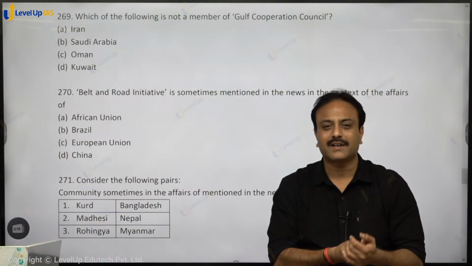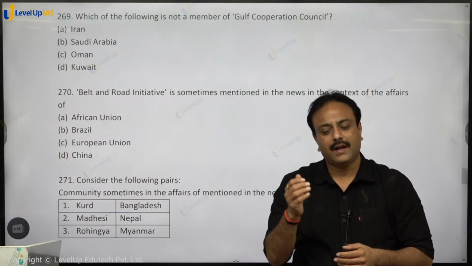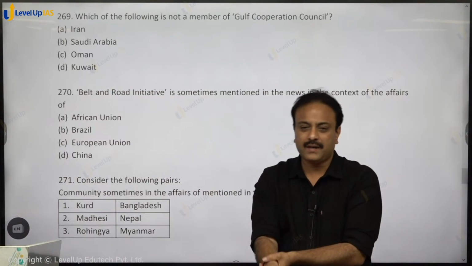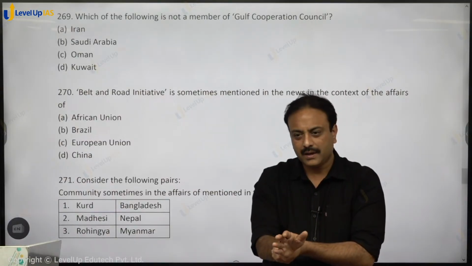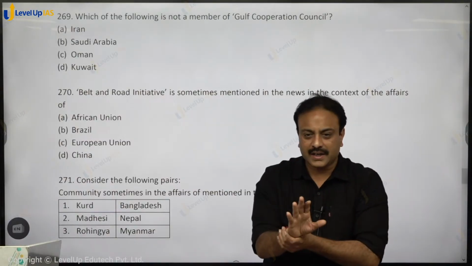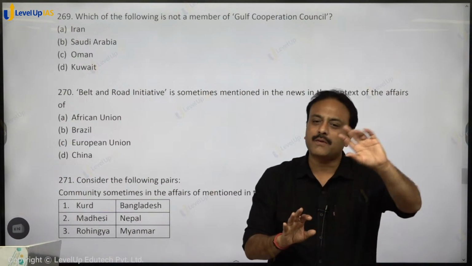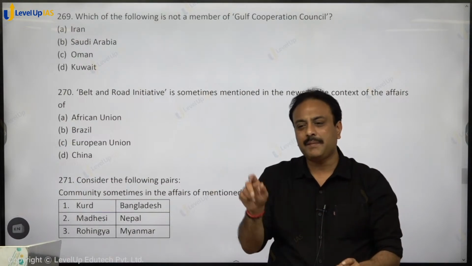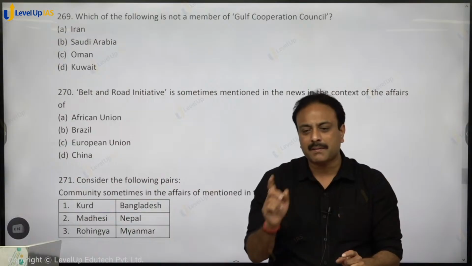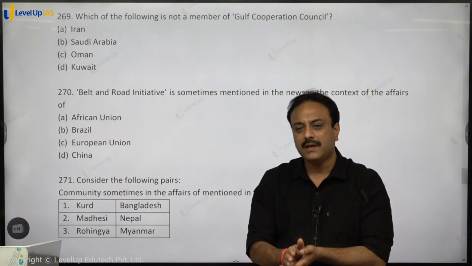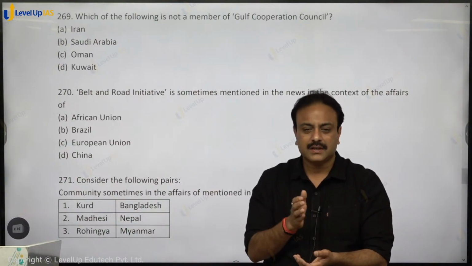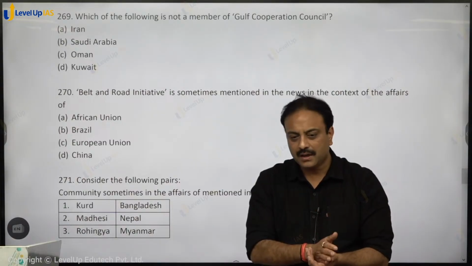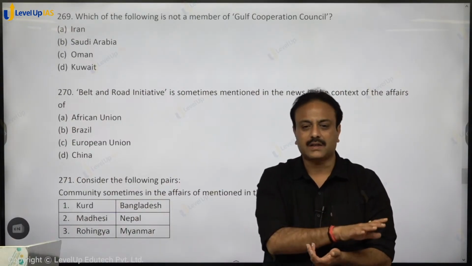Iraq is not there at all. You have Oman. Whenever you are learning the countries, don't learn them only for the Gulf Cooperation Council. Learn them in order, so the geographical location sits in your mind automatically. So start from Oman, United Arab Emirates, Saudi Arabia, Qatar, Bahrain and Kuwait.